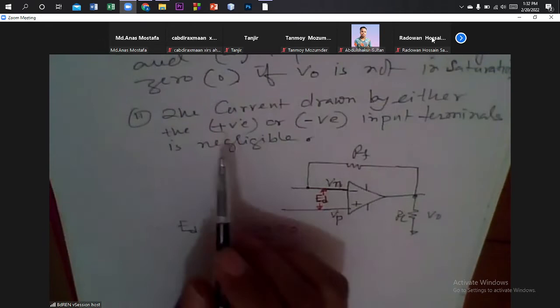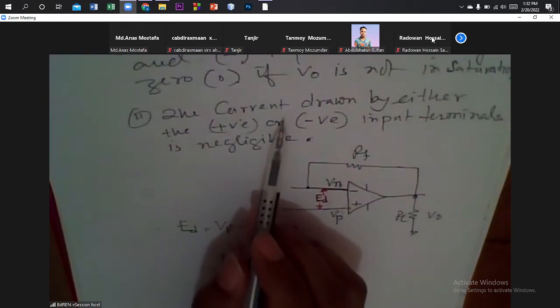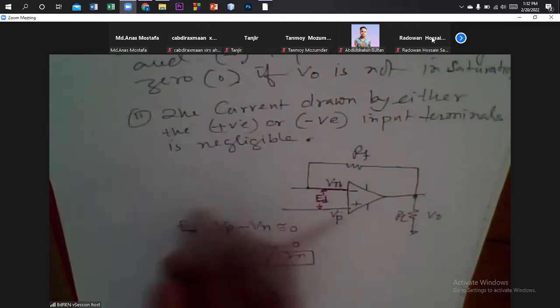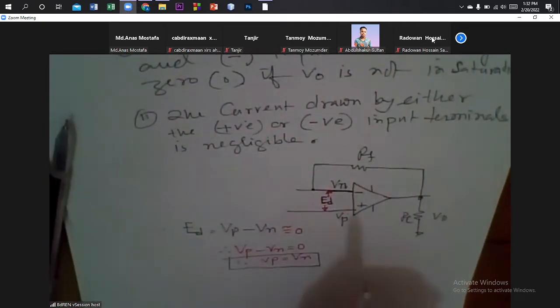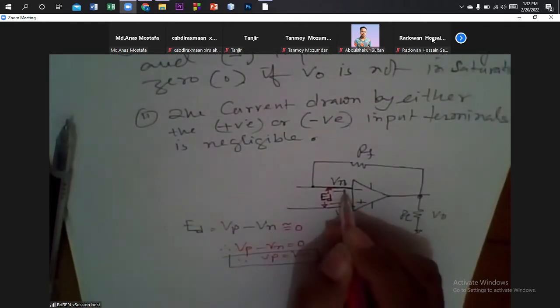Another condition, what does it say? Read the second condition. The current drawn by either the positive or negative input terminals is negligible. Oh, current drawn. That means here is the current. Any direction you can take, no problem.